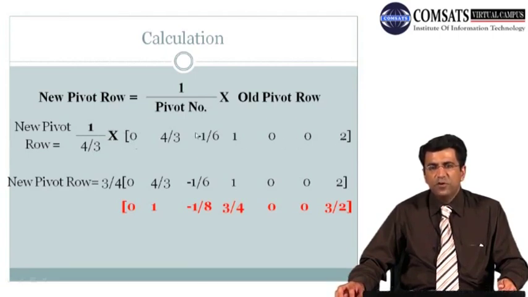The 4 by 3 is in the denominator, so we get 3 in the numerator and 4 in the denominator. We multiply this 3 by 4 by each value of the old pivot row, and we get the new pivot row as 0, 1, minus 1 by 8, 3 by 4, 0, 0, and 3 by 2. This is how we compute the new pivot row.